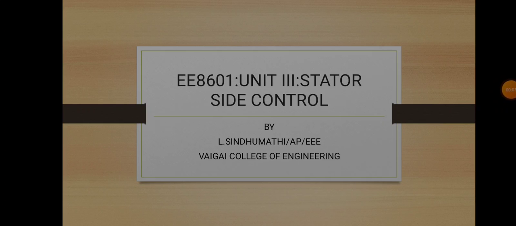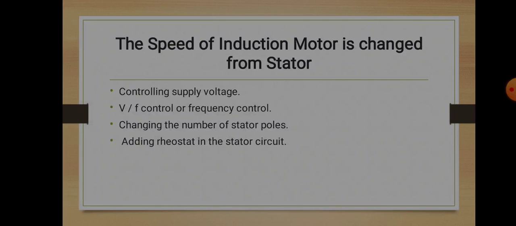This is your video lecture on stator side speed control of induction motor, part 2. In your previous part 1 class, I taught you about stator side speed control, that is controlling the speed by supply voltage and also by frequency control, up to voltage source inverter fed induction motor control.